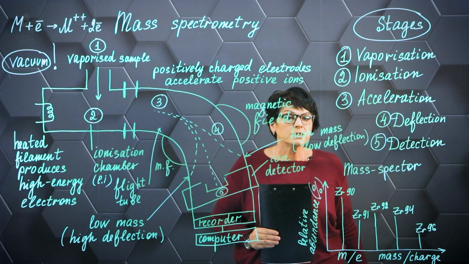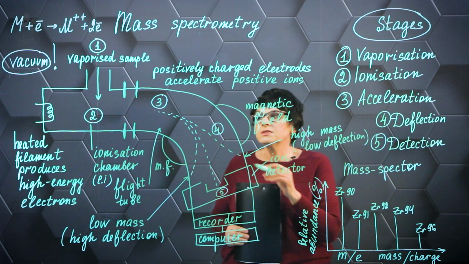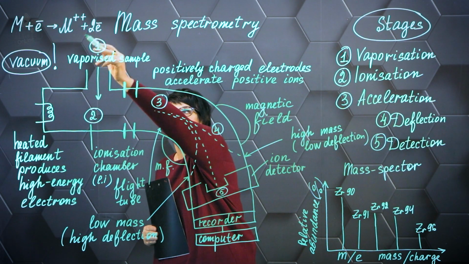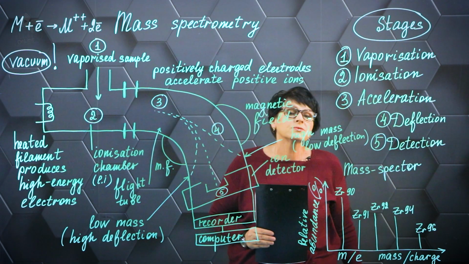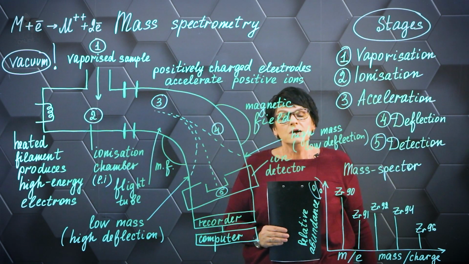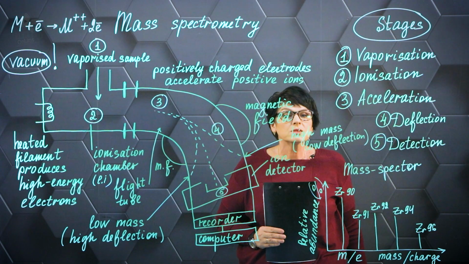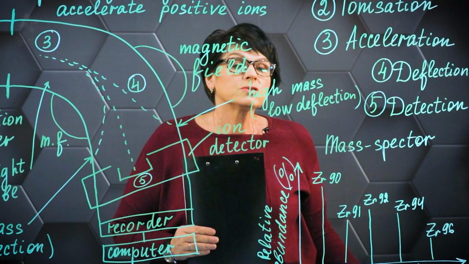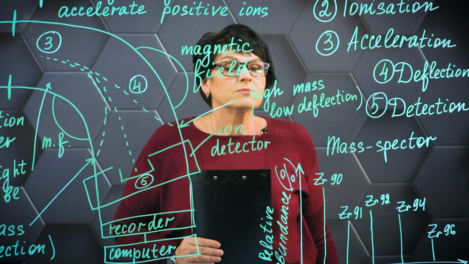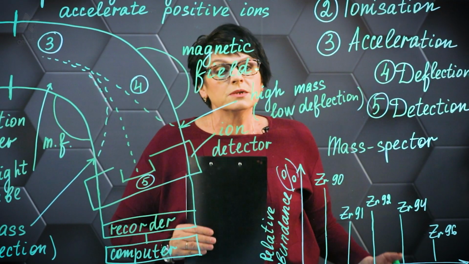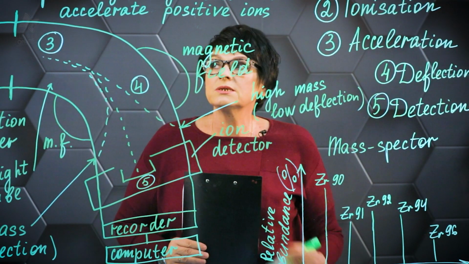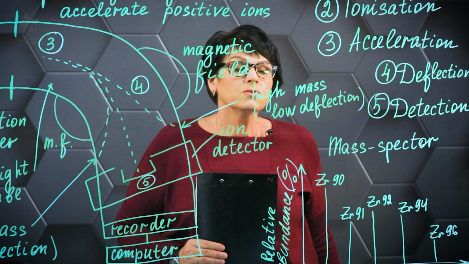The only thing I would add is that converting particles into ions is not always done by bombardment with electrons. It can be chemical action and exposure to a variety of particles and radiation. So it doesn't necessarily have to be through electron impact.